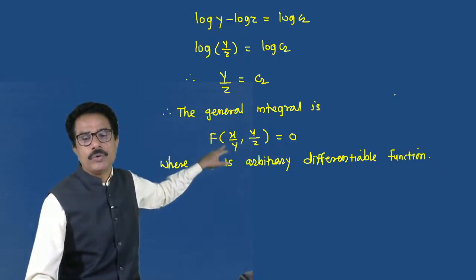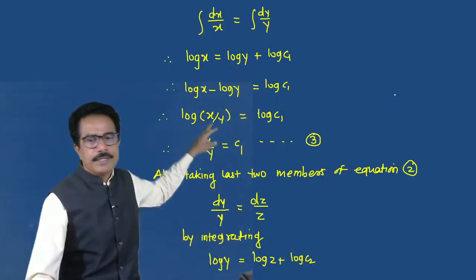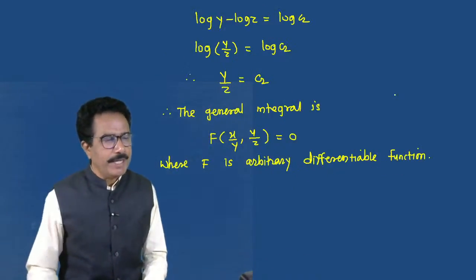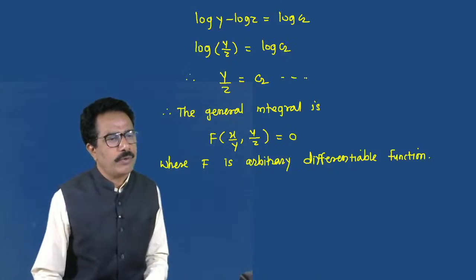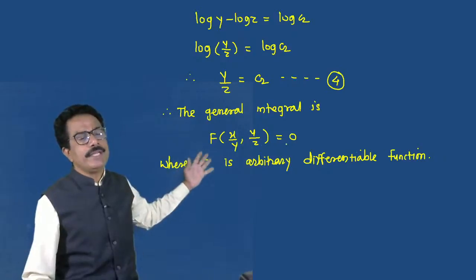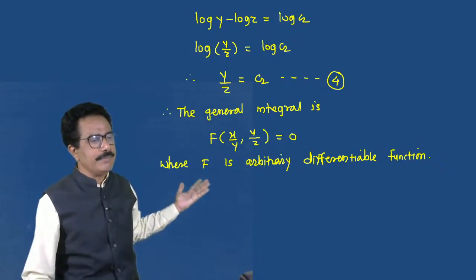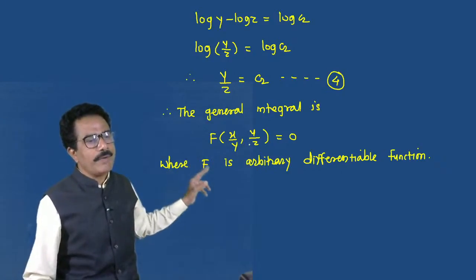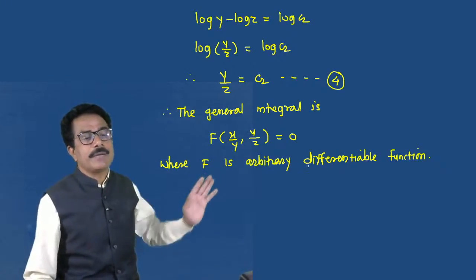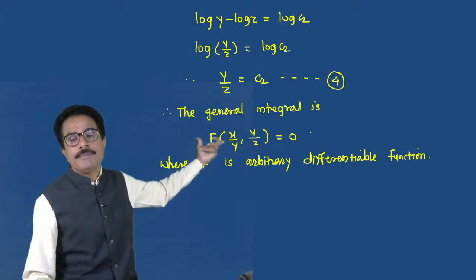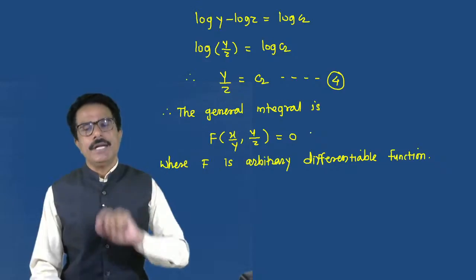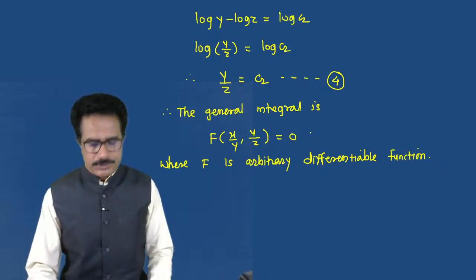So f of u means actually this term x divided by y, c1, and v means y divided by z, c2. So f of u comma v is the solution according to the Lagrange's theorem. So f of x divided by y comma y divided by z, where f is the arbitrary function, is the general integral, or the general solution of the given first order partial differential equation.